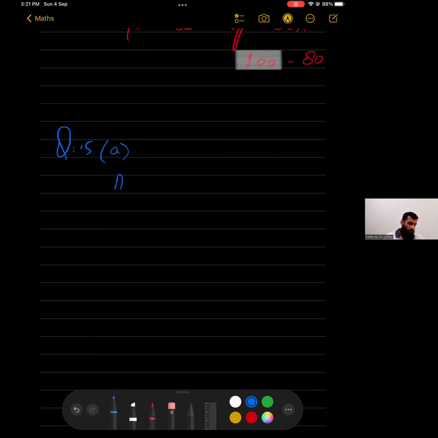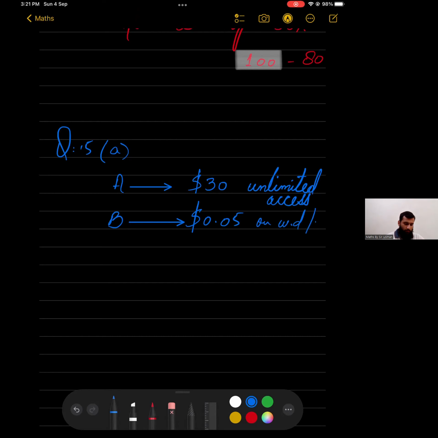The first one is charging him 30 per month with unlimited access. तो $30 पे अनलिमिटेड एक्सेस मिल रहा है, while the second internet provider is charging him $0.05 on weekdays per minute, while 0.03 on weekends, and that is also on a minute.